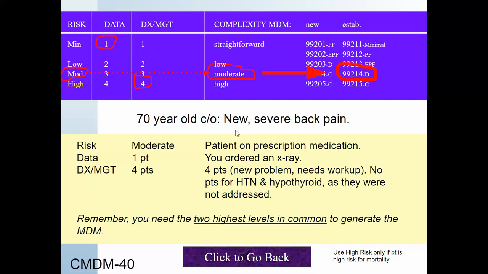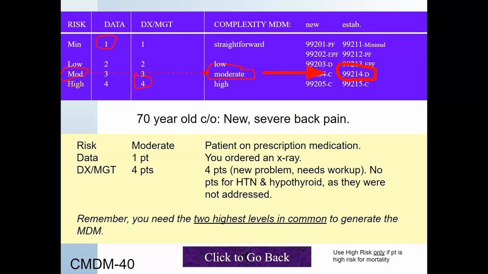Risk is moderate. Patient is on prescription medication, because you prescribe something for the new severe back pain. Data is 1 point because you ordered the x-ray. Diagnostic management is 4 points. Why? Because there is a new problem and it needs workup. Boom, 4 points. That's Granny's back pain.